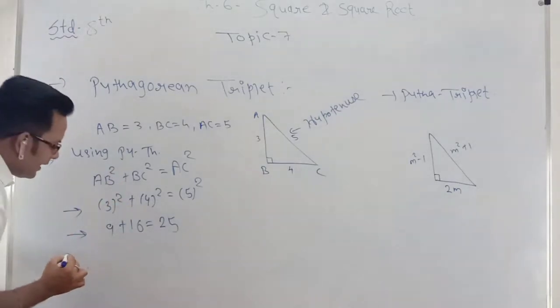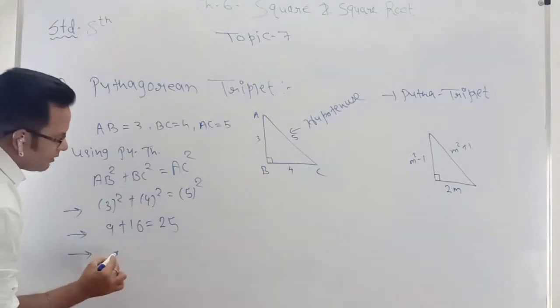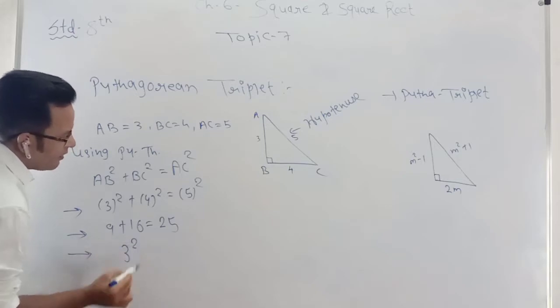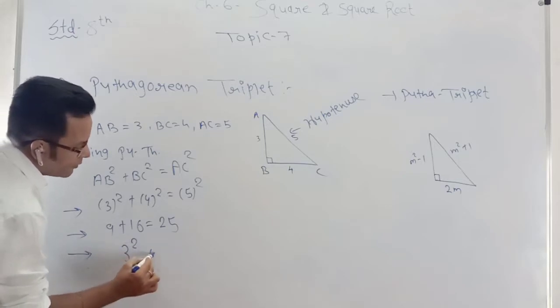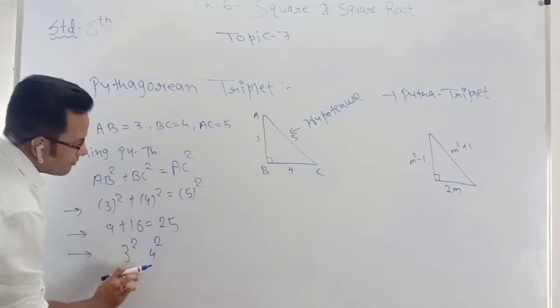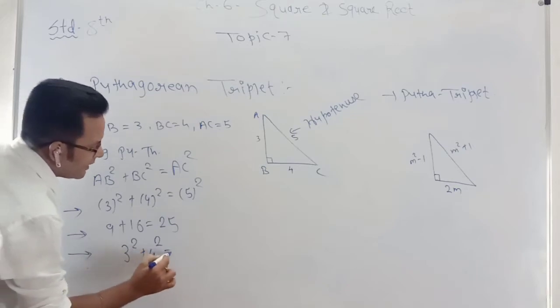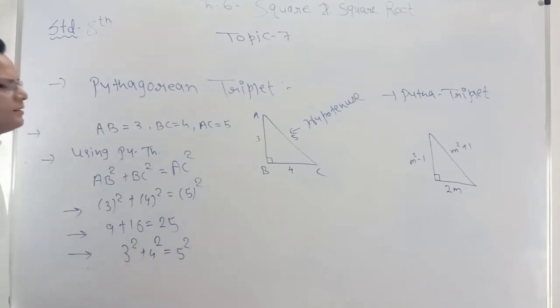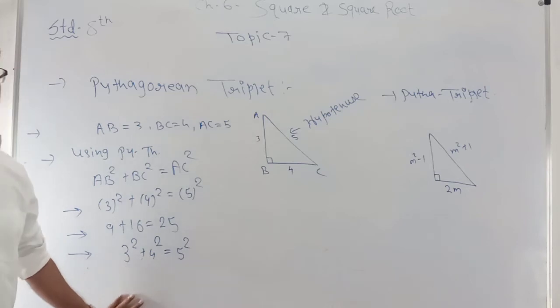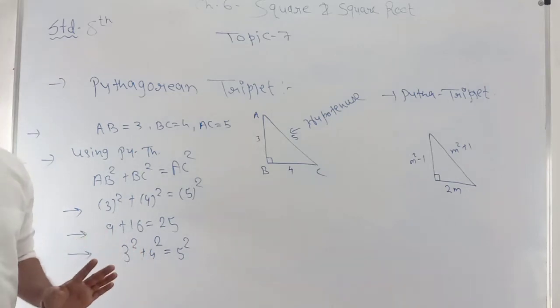So here we are getting a Pythagorean triplet, that is 3 square plus 4 square is equal to 5 square. This way we have to find the triplet.